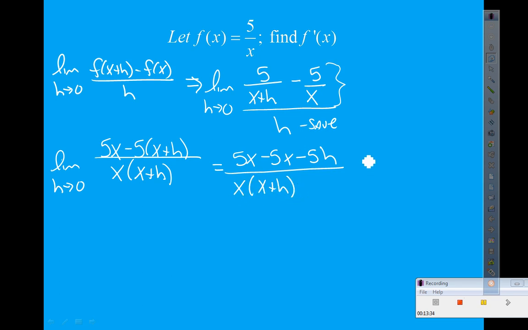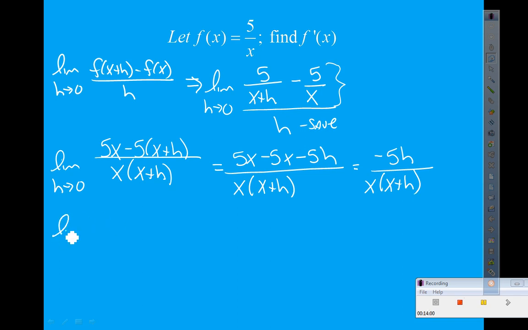When I simplify this, it looks like I'm going to get negative 5h over x times x plus h. And I'm missing something somewhere because I got in a hurry. Oh, no I haven't. I forgot about that h I hadn't let come out to play yet.